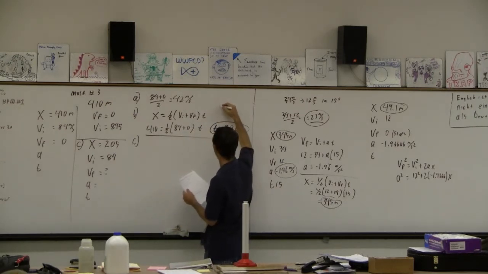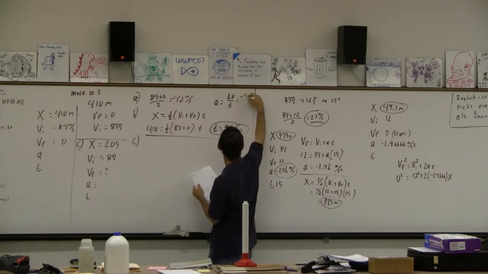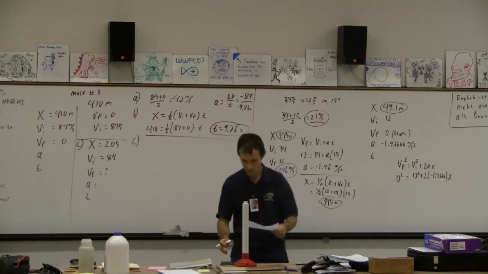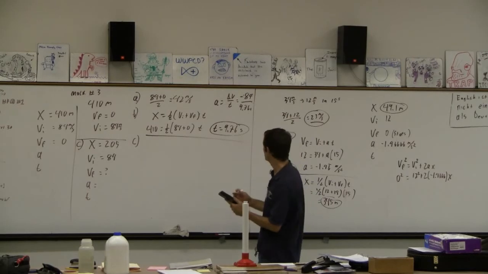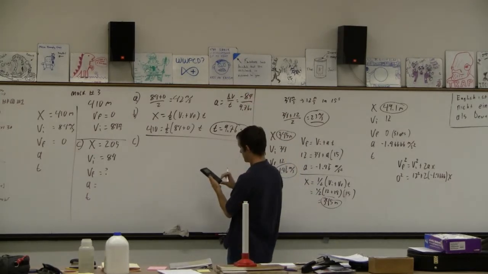Let's see, how can we do that? I'm going to use the time here, and I'm going to go A is change in velocity over time. So it's negative 84 divided by 9.76 seconds. I think to do it, we need the acceleration, divided by the answer I just got.